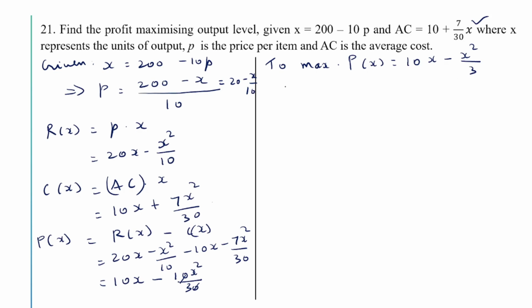So again we have to use the second derivative test. For that first we have to find the critical points. So let us differentiate this with respect to x. So dP of x by dx is 10 minus 2x by 3. At the critical points we have dP by dx equal to 0.